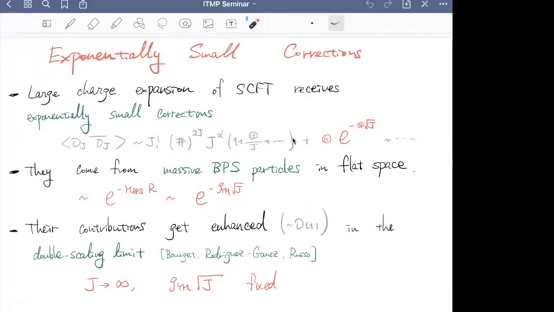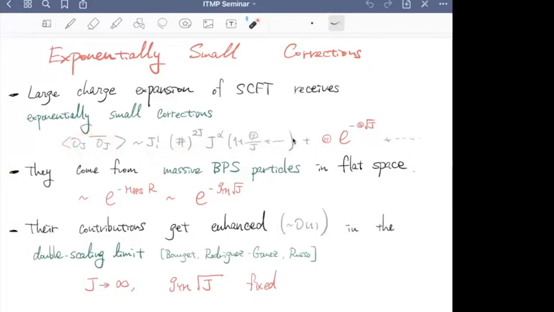Before, I explained that people analyze the large charge expansion of N=2 rank 1 superconformal field theories using the Coulomb branch effective field theory. But because some quantities, for example the two-point function of large charge BPS operators, can be computed by localization, people can actually go beyond the 1 over J expansion by taking the localization result and expanding.